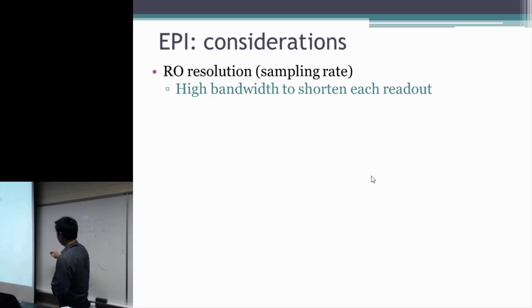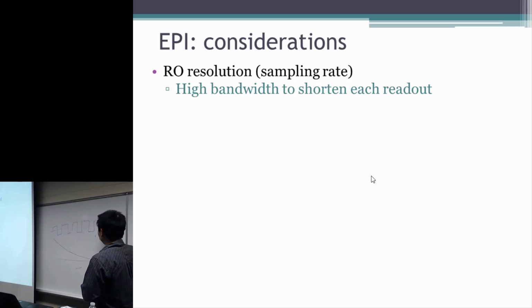We must keep in mind that the signal is decaying due to T2 star decay, right? At some point, this signal is going to decay to zero.